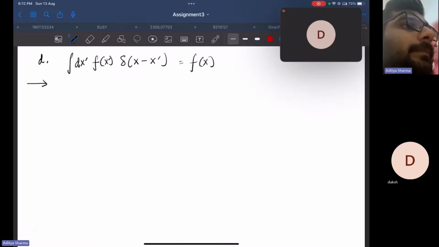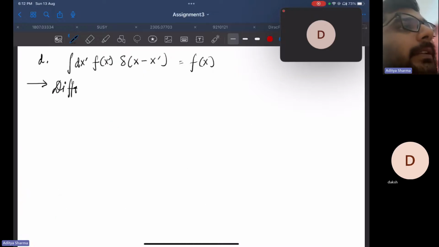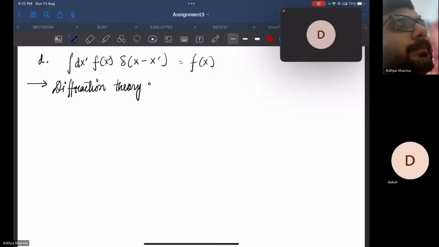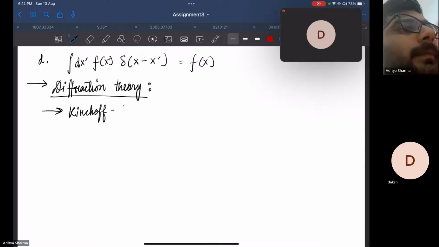And in diffraction theory, which is lecture 12, I guess, we explicitly worked out Kirchhoff diffraction.